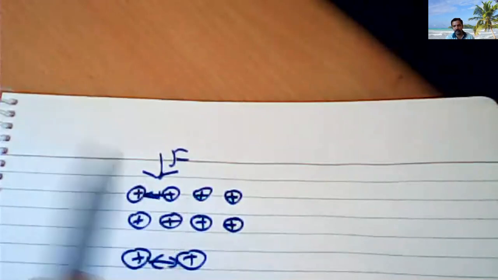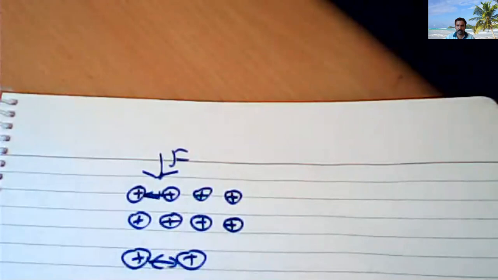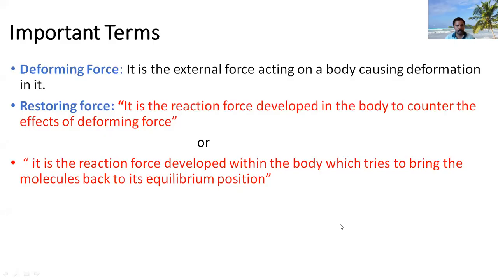So there will be deformation in the body, leading to a change in shape, size or volume. That is called the restoring force. It is the reaction force developed in the body to counteract the external or deforming force. This reaction force tries to bring the molecules back to their original or equilibrium position.